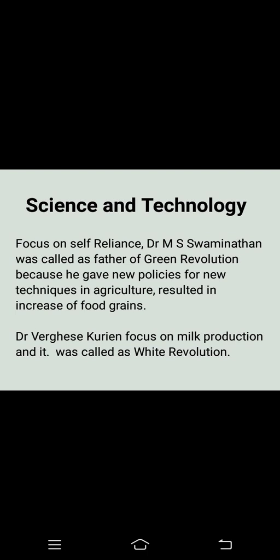Now the next one is Dr. Verghese Kurien, with a focus on milk production. Milk and milk products were very much focused on at that time. That is why it is called the White Revolution. Here we can see there were lots of changes in science, technology, space and everything.